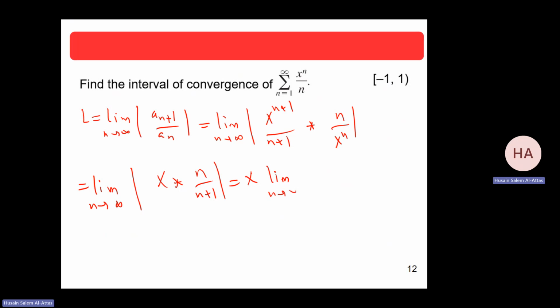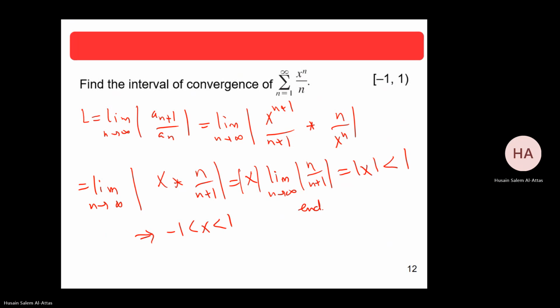The limit as n goes to infinity, absolute value of x, times n over n plus 1. What is the limit of this? Same degree, so it's 1. So I have the absolute value of x. For convergence, I need it less than 1. So that means x is between -1 and 1.